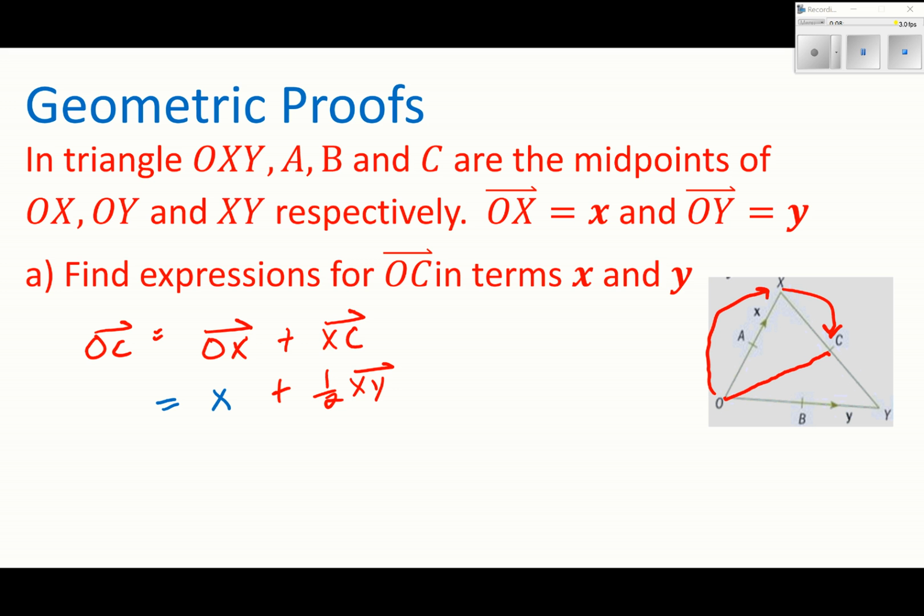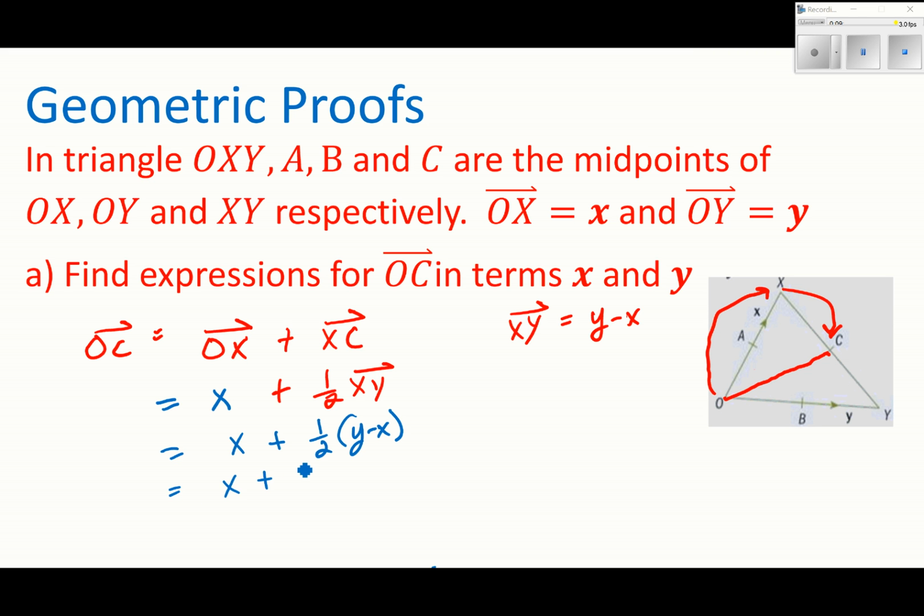1/2 of XY, I can rewrite this because in the last slide we found out that XY was really Y minus X. So now I can say I'm going to have X plus 1/2 of Y minus X. Work this out.